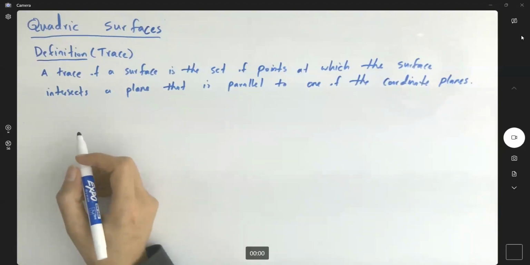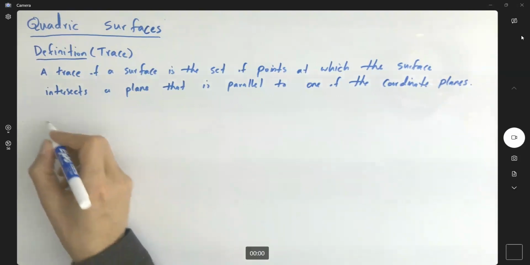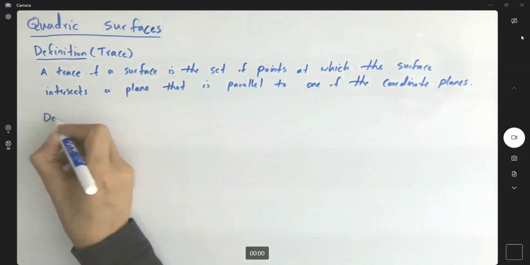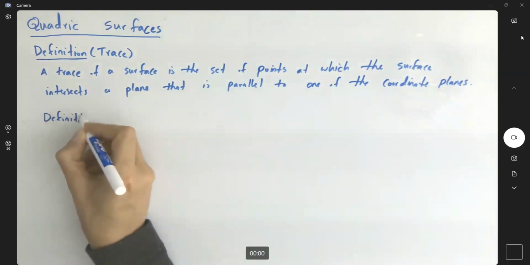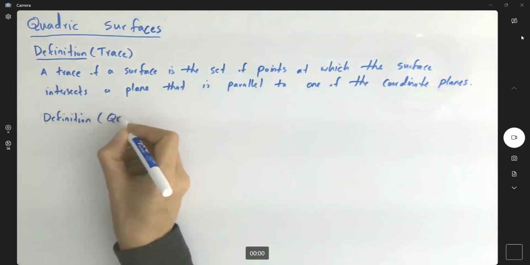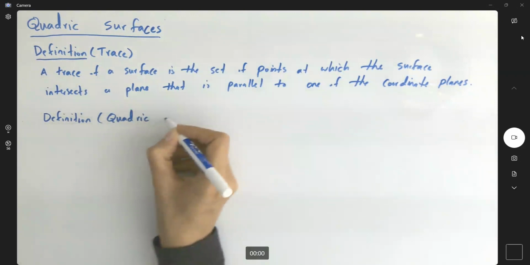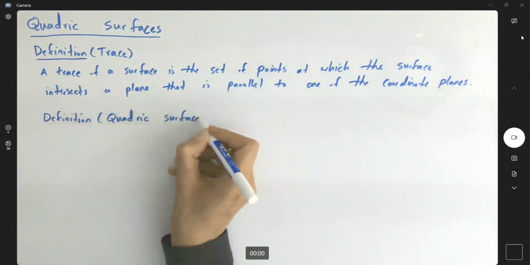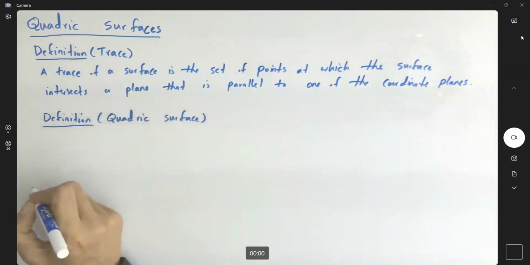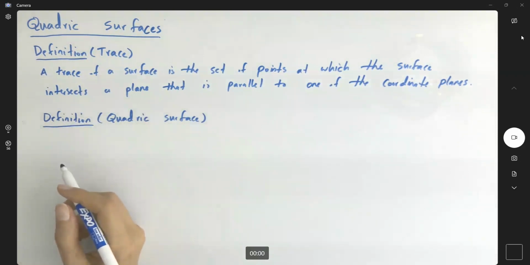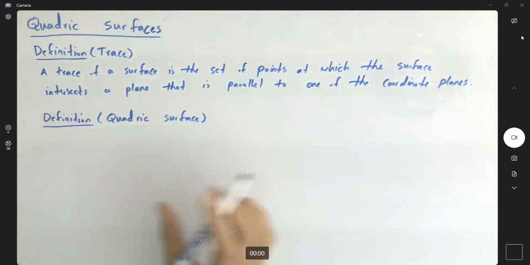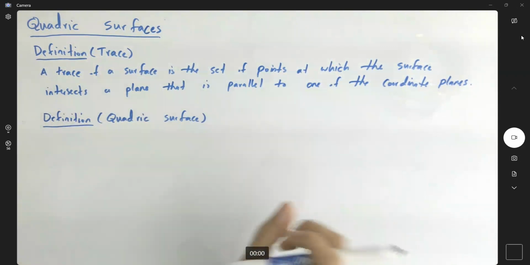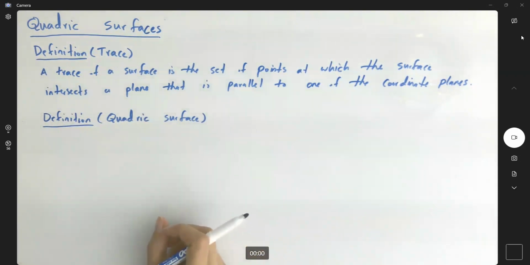A quadric surface has general form as a combination of x squared plus y squared plus z squared and the linear combination of those variables.